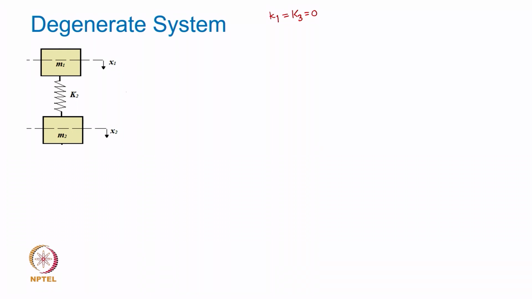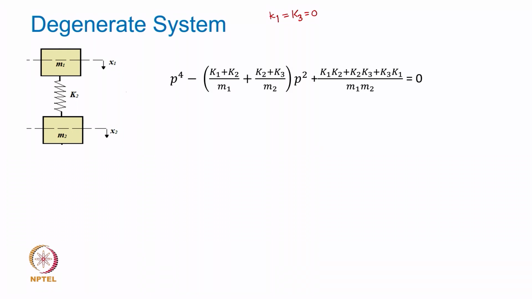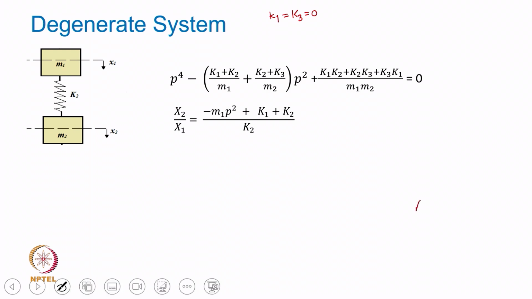And when they are not there, you are left with only two masses connected by a spring. Now, if that happens, you still can have this frequency equation the way we derived and the amplitude ratio the way we derived, and then you substitute into this equation, okay, let's do that.